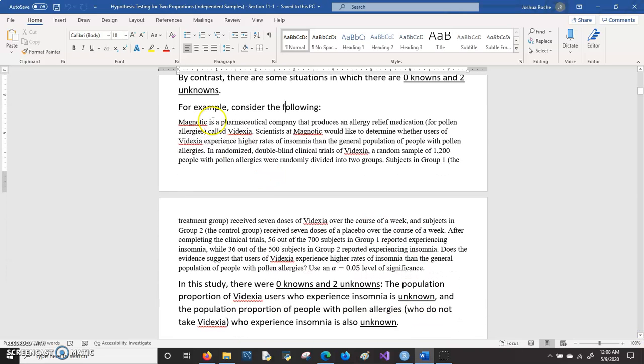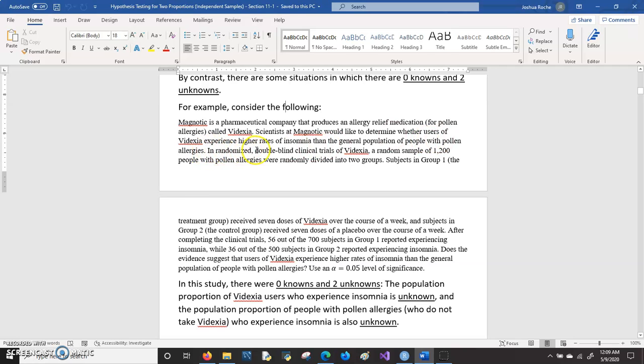Magnotic is a pharmaceutical company that produces an allergy relief medication for pollen allergies called Videxia. Scientists at Magnotic would like to determine whether users of Videxia experience higher rates of insomnia than the general population of people with pollen allergies.